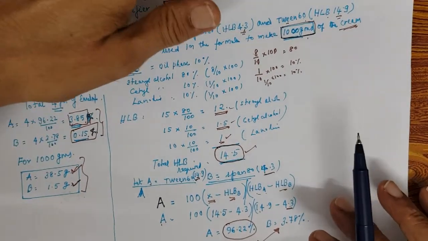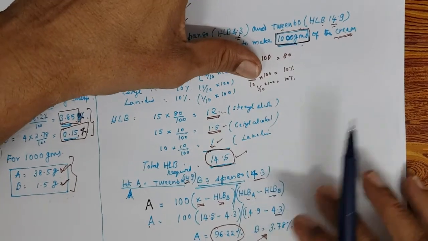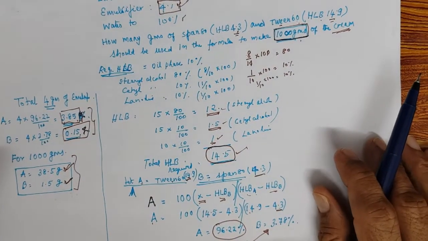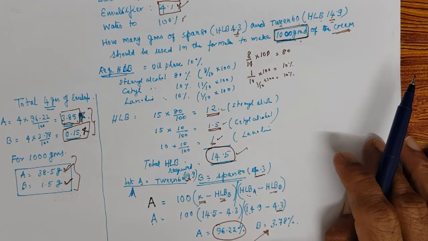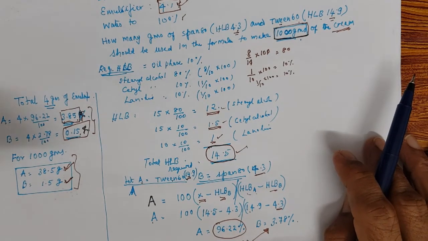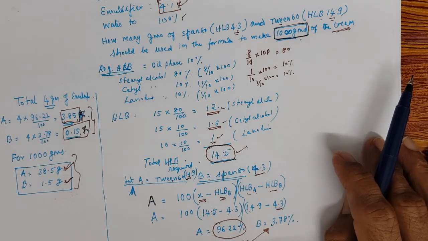This is what I want to tell you today. HLB is a concept of hydrophilic lipophilic balance. If the HLB is low, it is more towards lipophilic. If the HLB is high, it's towards hydrophilic, right? So for each and every oil phase ingredient we have the HLB value. We have the HLB value of the emulsifiers also.